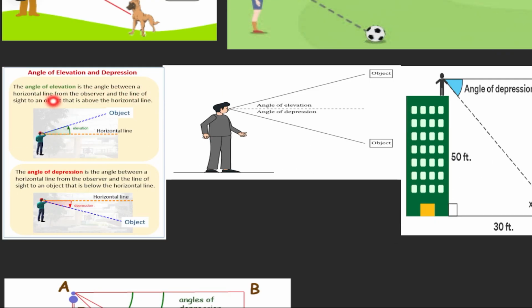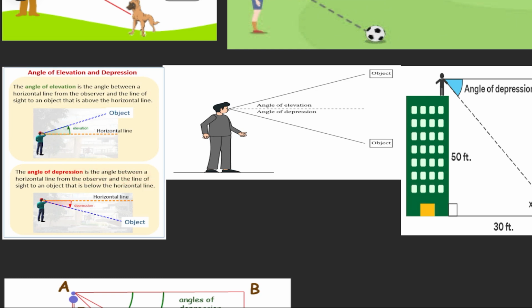The angle of elevation is the angle between the horizontal line from the observer and the line of sight to an object that is above the horizontal line. So if the object is above the horizontal line and the angle is made by the viewer above the horizontal line, then we call it angle of elevation.